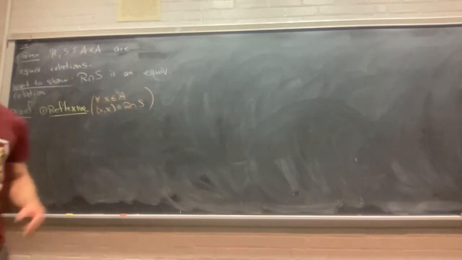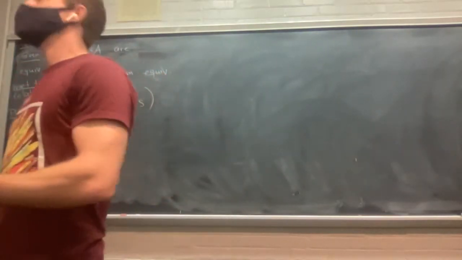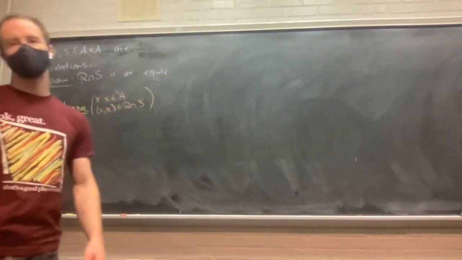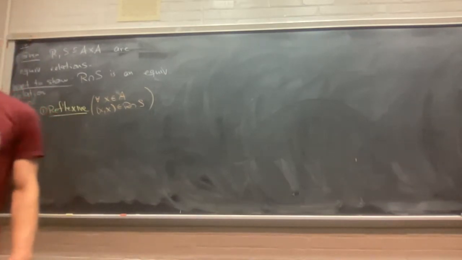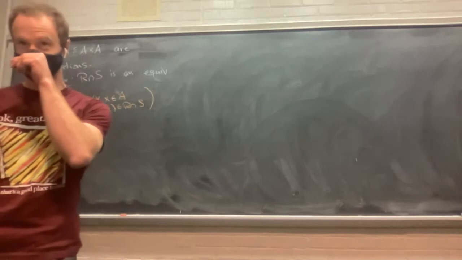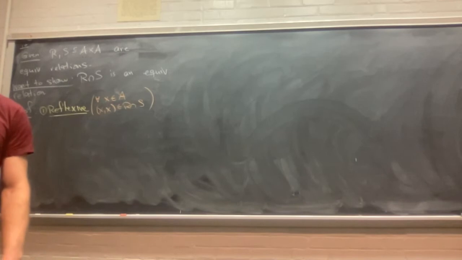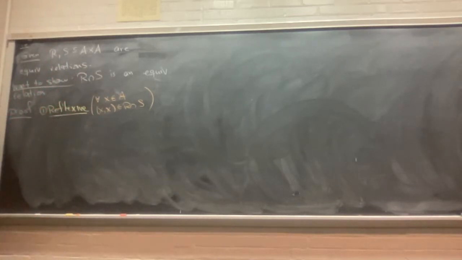Since we're looking at the intersection of two equivalence relations, and intersection is a notion involving sets, we probably want to use the set version of all of these properties like reflexivity, symmetry, and so on. It's important to be flexible with what setting you're working in and to use the correct notation. I think the set notation is the correct notation for doing this as naturally as possible. Okay, so let's see if we can do that.